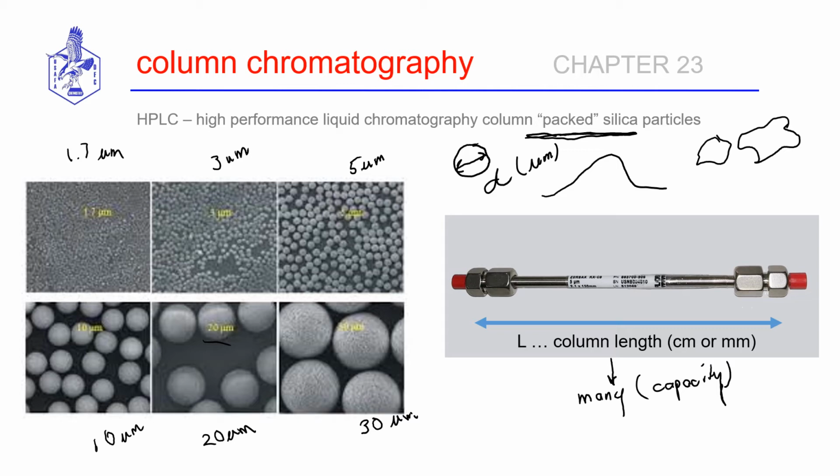It also will impact how long it takes for a separation to occur, etc. And remember, the more stationary phase you have, so increasing surface area gives increasing amount of the stationary phase material that you have. That increases your capacity, your ability to separate structures that are very similar in nature structurally. So the length of the column, and we usually measure this in centimeters or millimeters, is going to impact the separation in many different ways.